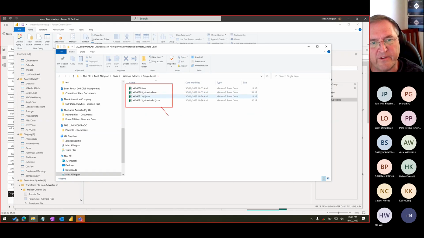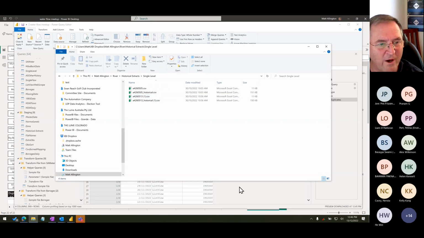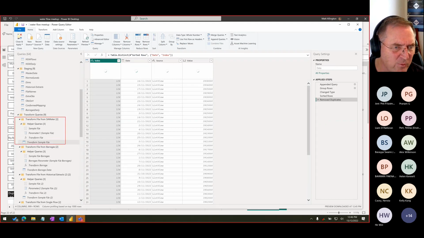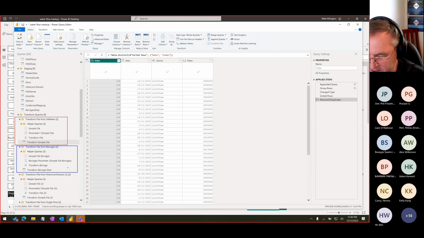These are CSV files sitting in a folder, and I've done a file combine. Get data from folder, do a file combine, and when you do that, you get one of these sets of data. This is the one for file combine SA water. This is the one for file combine for the barrage data that I downloaded. This one is file combine from historical extracts.